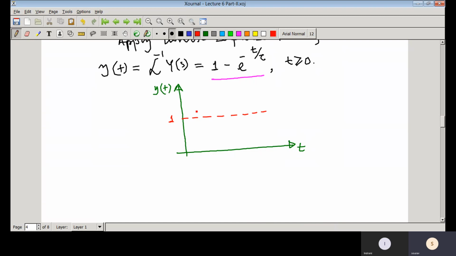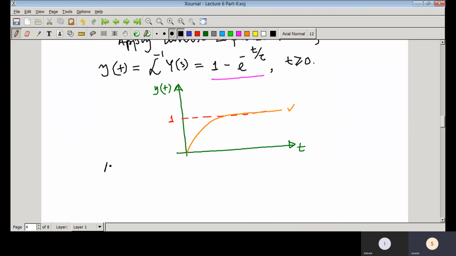So now the response, 1 minus e to the power minus t by tau, so the response should be like this. So whenever t tends to infinity, the second term would be equal to 0, and basically your y(t) would be converging to 1.